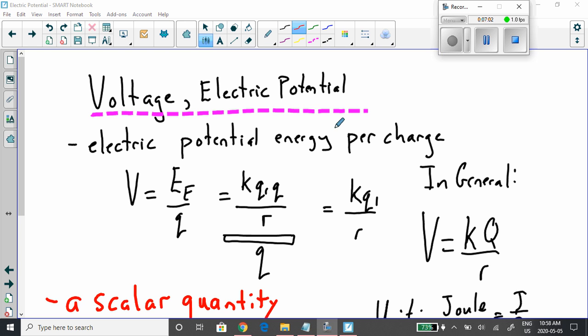So electric potential is literally defined as electric potential energy per charge. So its symbol is V for voltage, equal to electric potential energy divided by charge.